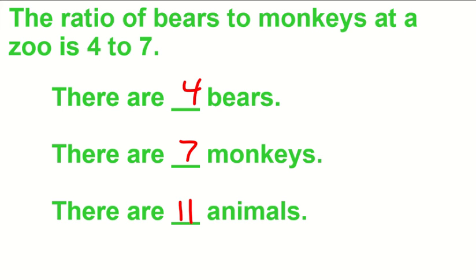Any ratio I would write with this information can only use these 3 numbers and with those labels, okay? So I could have a ratio that says 4:11, right? I could have one that says 11:7. As long as it's labeled correctly with the 11 being animals, the 7 being monkeys, 4 being bears.